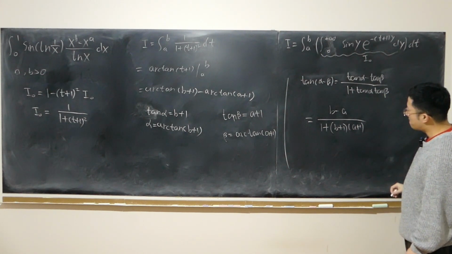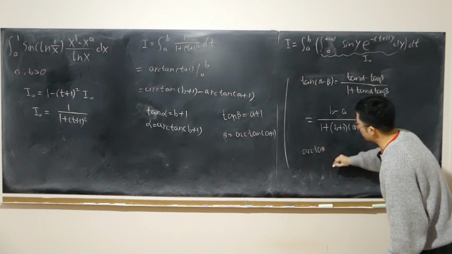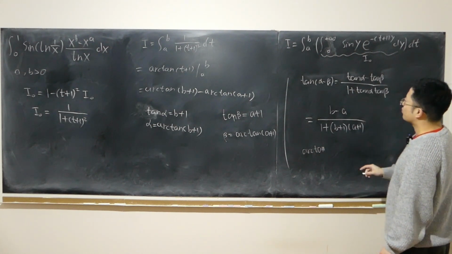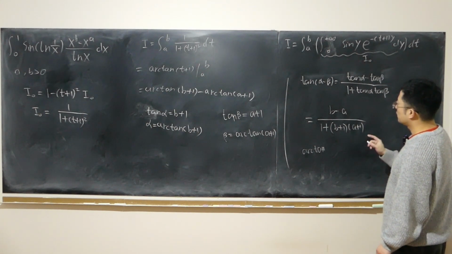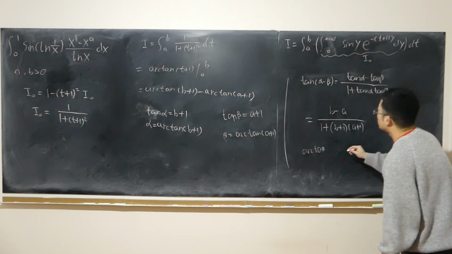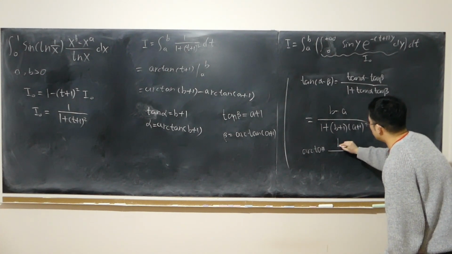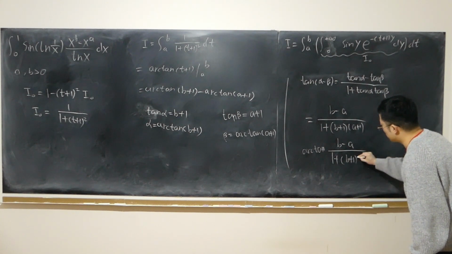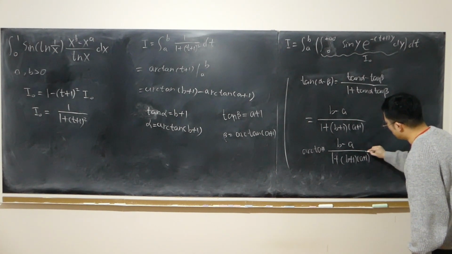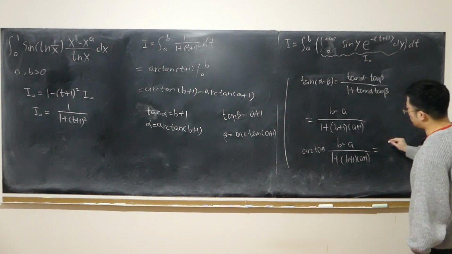So in other words, according to the definition, arctangent of b minus a over 1 plus b plus 1 times a plus 1 must be equal to the angle alpha minus beta.